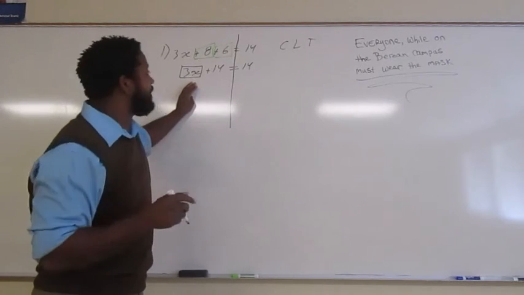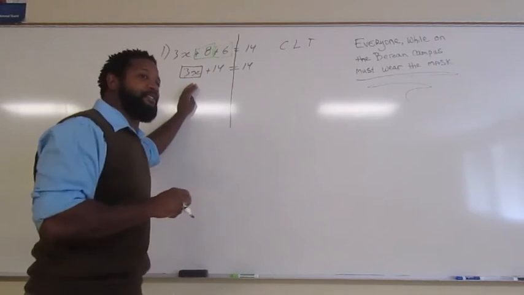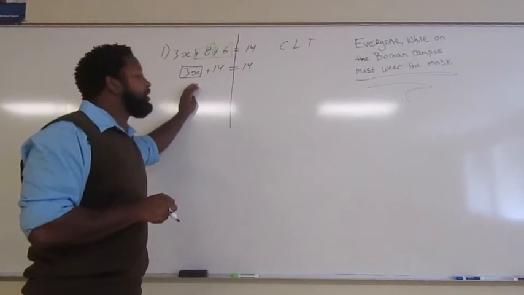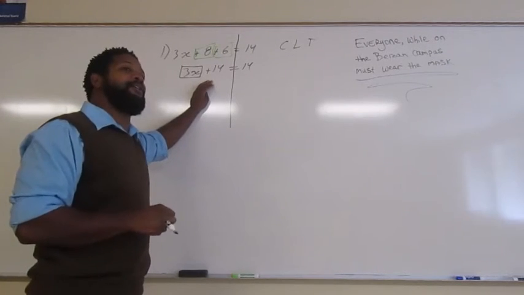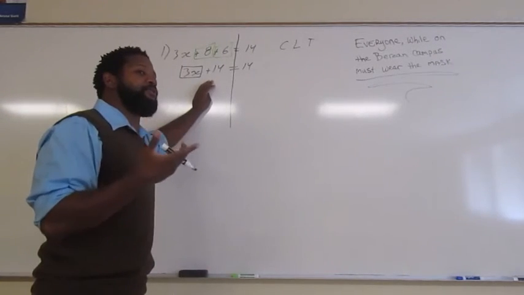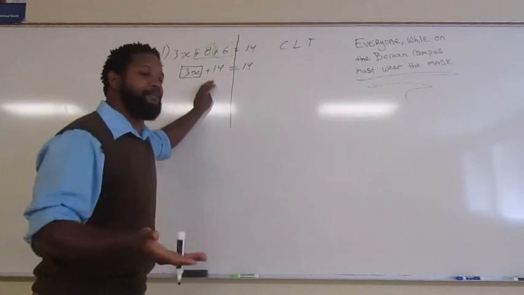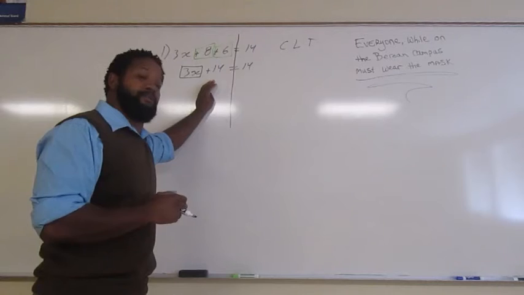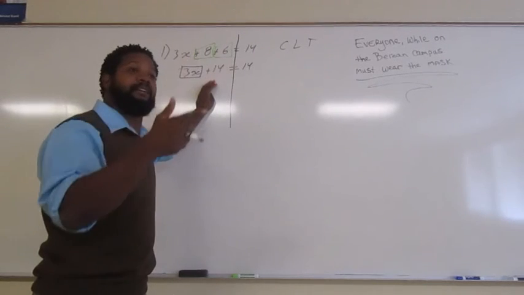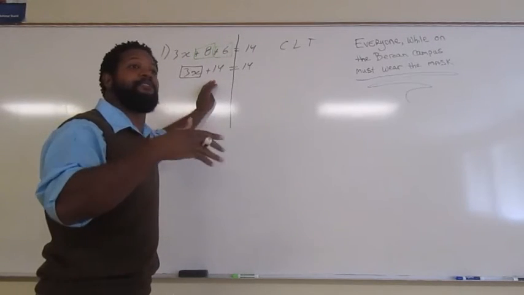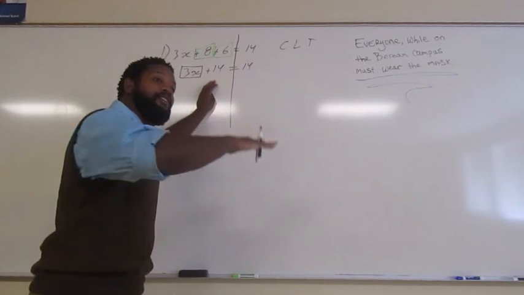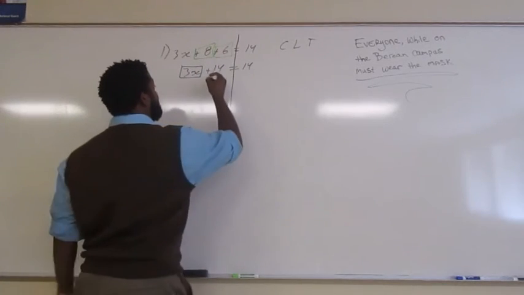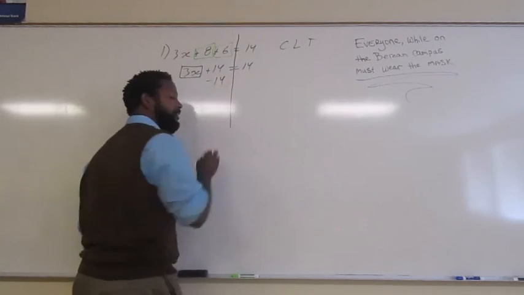14. Exactly. And what kind of 14 is that? Positive. It's a positive 14. So in order for us to get rid of this positive 14, what's the opposite of that positive 14? Subtract. Exactly. What's the opposite of a positive 14? It's a negative 14. Okay?